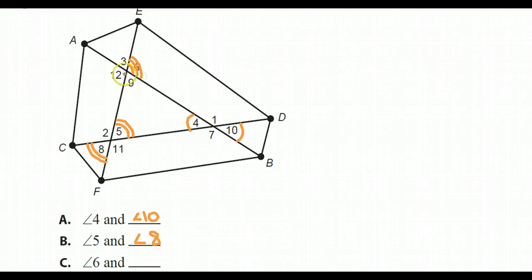The angle that's right across from that is angle 12. And the reason I'm putting additional lines there is I don't want to show that angle 4 and angle 6 are equal. I'm just trying to show that the vertical angles across from each other are equal. 5 and 8 are equal, 4 and 10 are equal, and then angle 6 and angle 12 will also be equal. Anytime you have vertical angle pairs, they are always equal to each other. And that's all you had to do on that one, was just identify them.